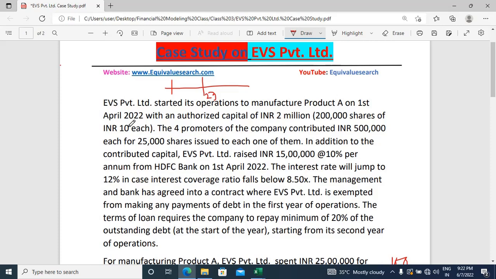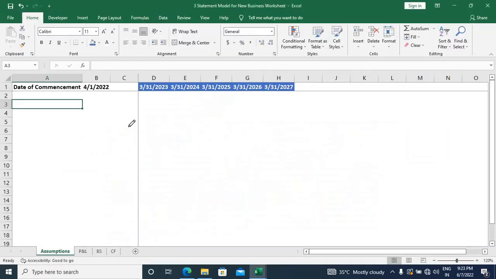So what we can do first is write down in the assumption sheet the sources of fund. Sources of fund. Underline this, as this is going to be a major line item, and make it bold.